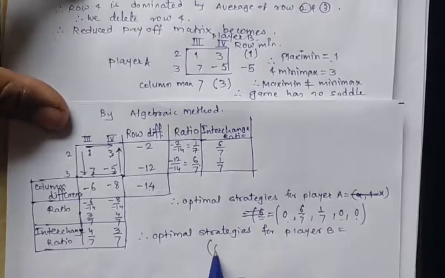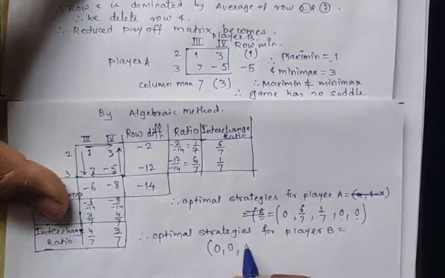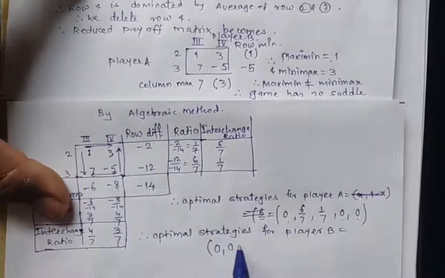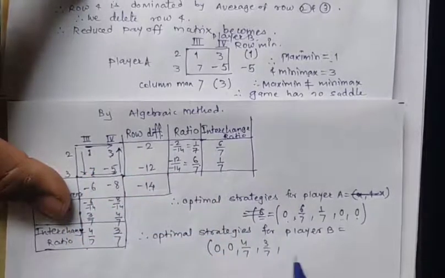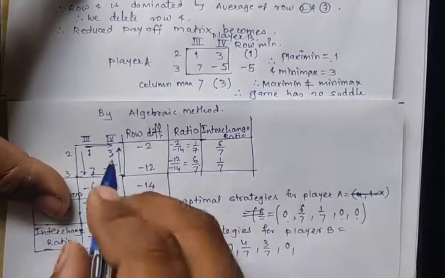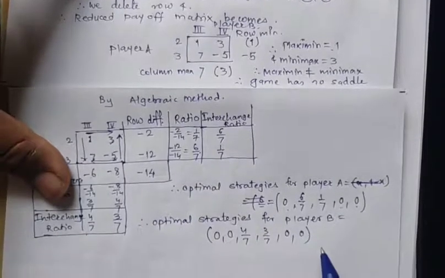Therefore for the first strategy we get 0, second strategy 0, third strategy value 4 by 7, fourth strategy value 3 by 7, fifth 0, because we have deleted it, and sixth we have deleted. So this is the optimal strategy for player B.